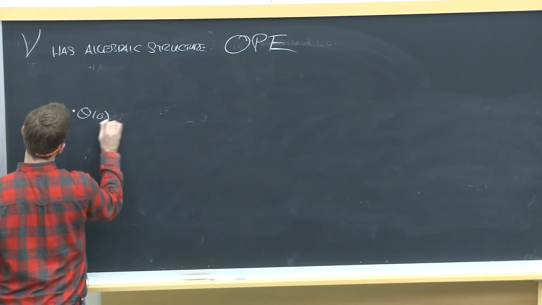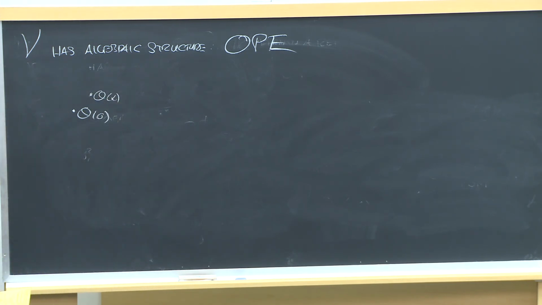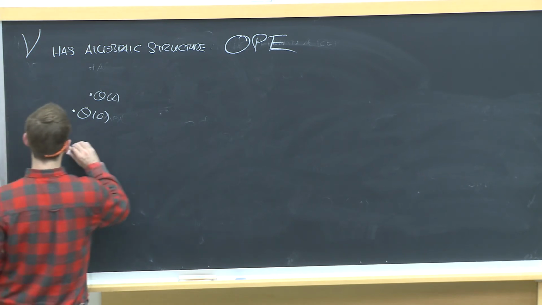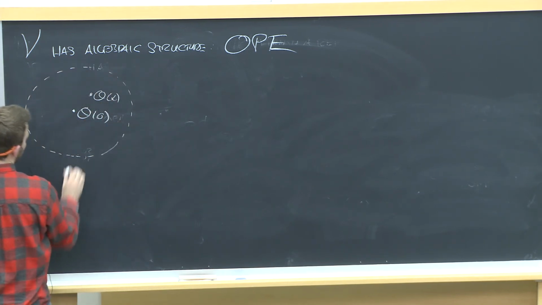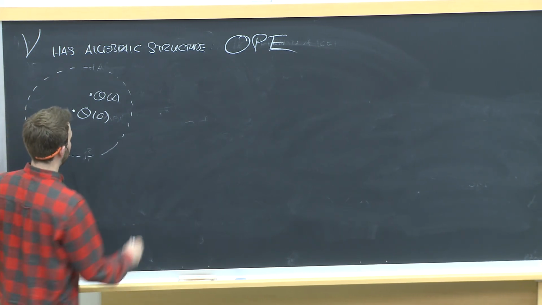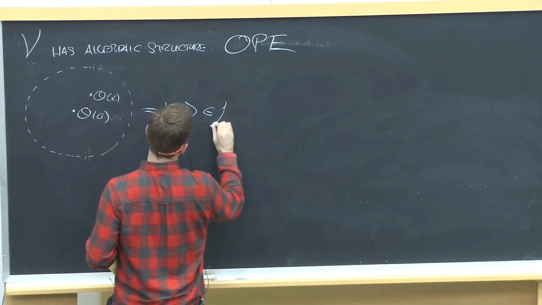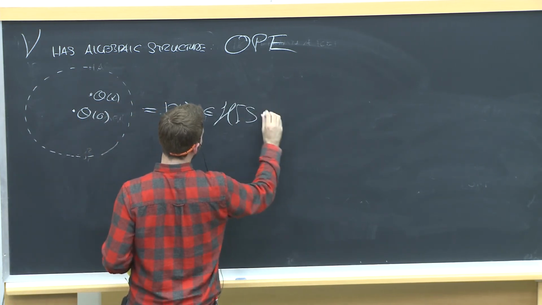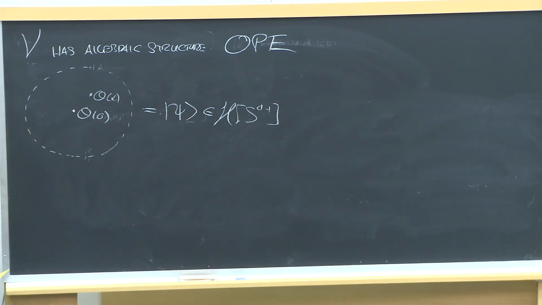So let me consider two operators at two different points. And of course, by the same general structure of what Euclidean theories give me, this gives me some state in this Hilbert space that I associate to a d minus 1 sphere that I draw around the operators.